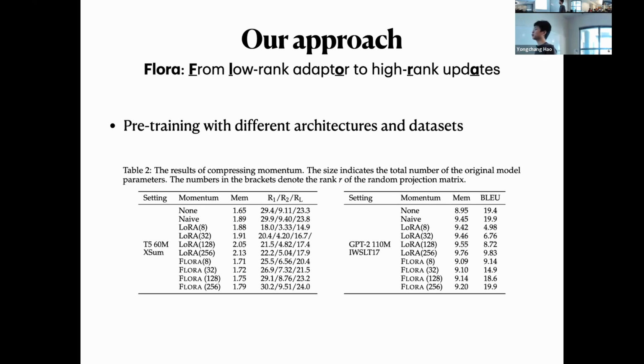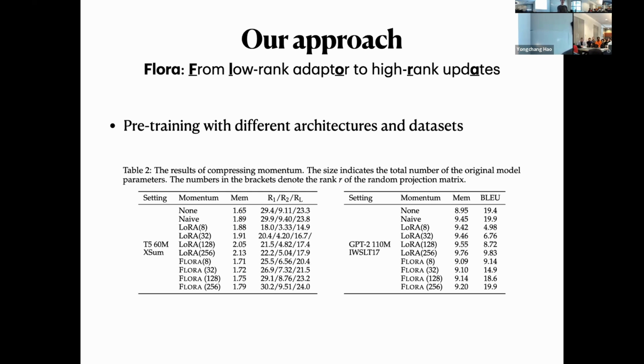And what's the empirical result? We conducted an experiment with similar models on similar datasets, but we did not conduct larger model variants because they're too time consuming. But we do have a smaller verification on a 60 million model and a 110 million GPT-2. As you can see, compared with no momentum at all, we are using more memory, of course, because we have to compress the momentum instead of dropping it directly.